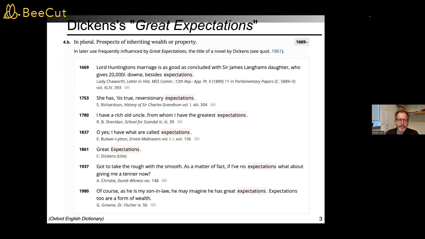At the time in particular, it meant the prospect of inheriting wealth or property. So that double entendre is crucial, and ambiguity is rife within language. I think this is a wonderful example both of how expectation and surprise interact in cognitively crucial ways, and also of ambiguity in language.